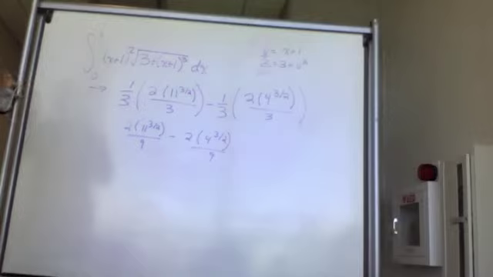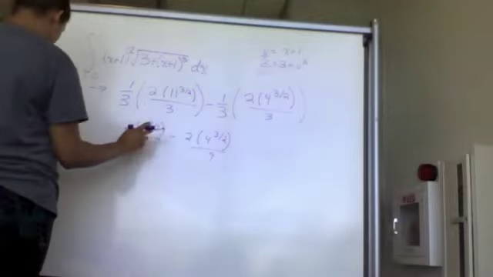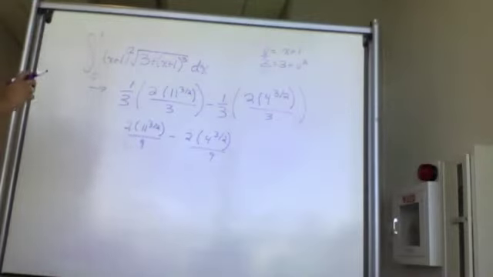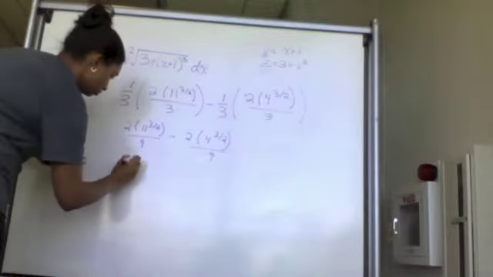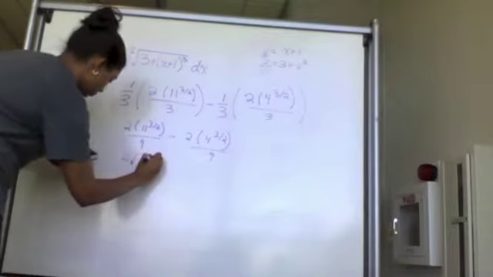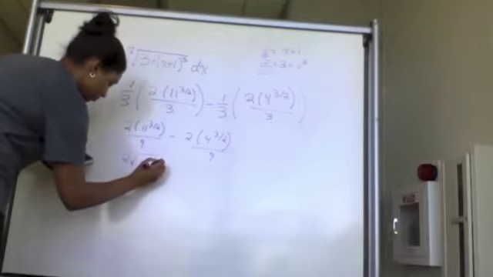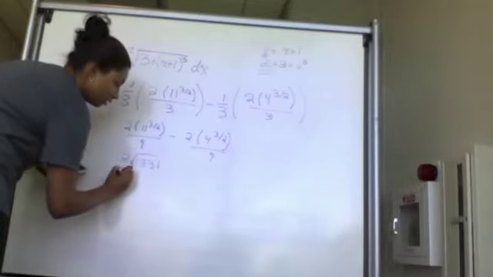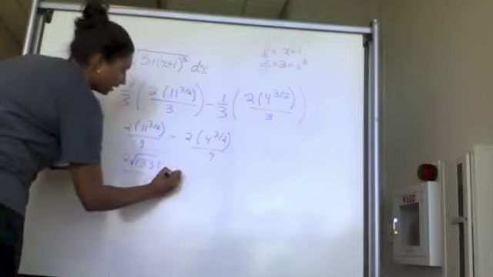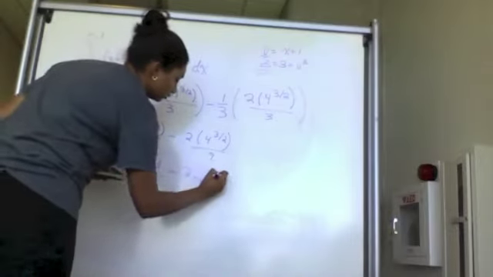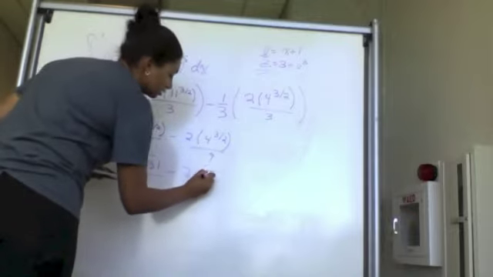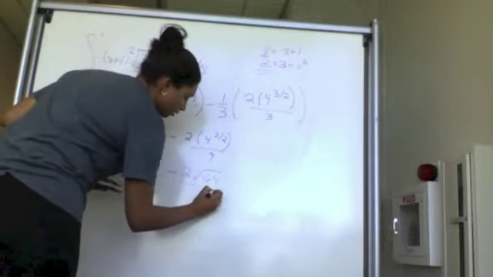And because I did not know what 11 cubed was, I put it in my calculator. And it was 2 times the square root of 1,331 over 9 minus 2 times the square root of 4 cubed, which is 64, all over 9.